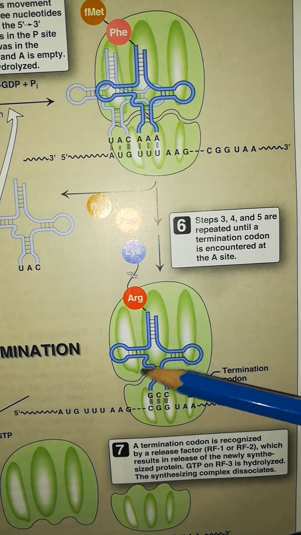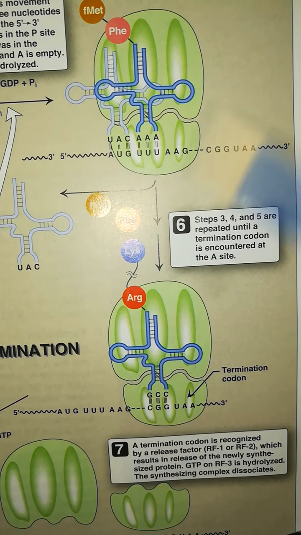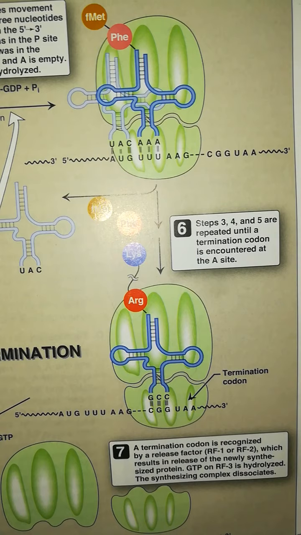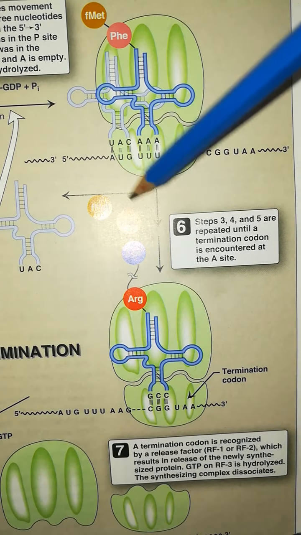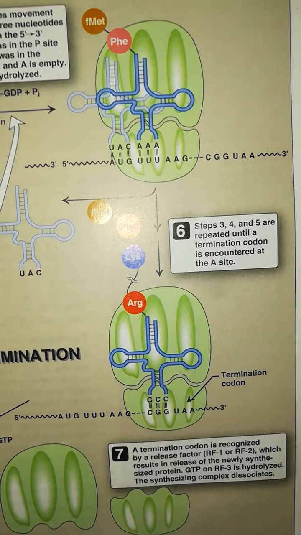So elongation at the A site and shift of this amino acid chain from the P site to the A site. So ultimately this one is a specific protein.